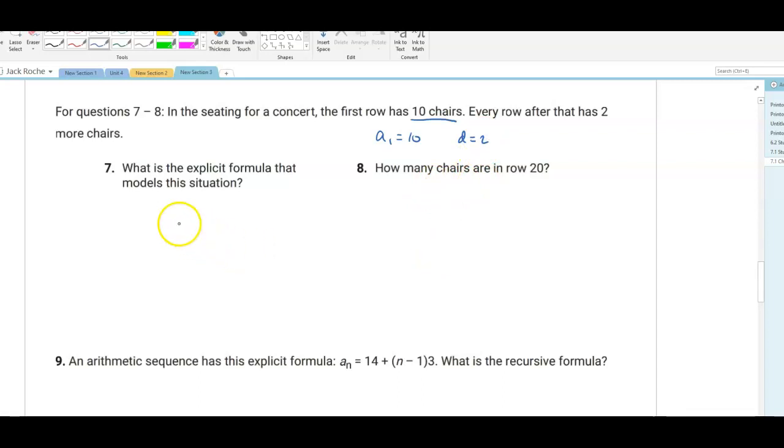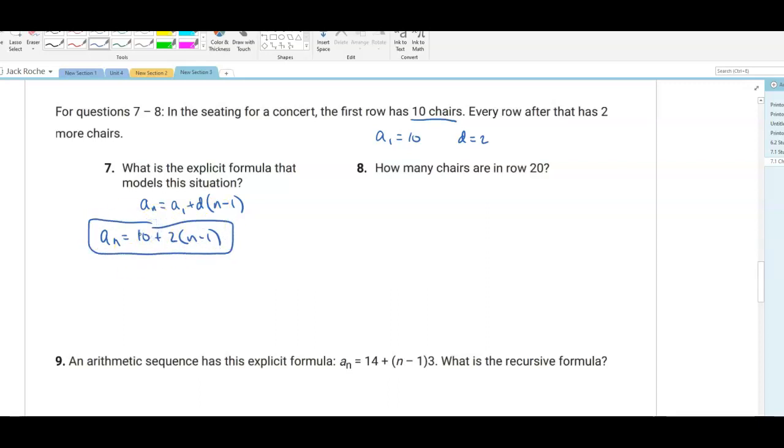So the explicit rule, remember we're using a sub n equals a sub 1 plus my common difference times n minus 1. So a sub n equals, what was my first term? 10 plus, what was my common difference? 2 times n minus 1.